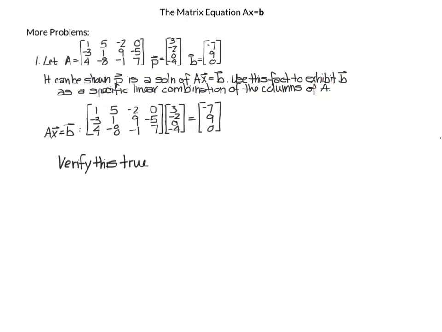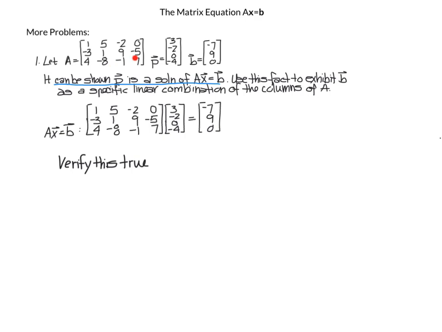So the first thing I'm going to do, and this is not part of the problem, and I'm sorry, there are problems that I actually add on to it, but I feel like it's important. So first is the statement: it can be shown that P is a solution of AX equals B. I want to verify that. First I want to think about what does that mean? And how do I verify that?